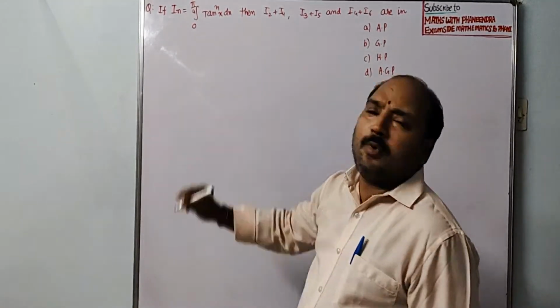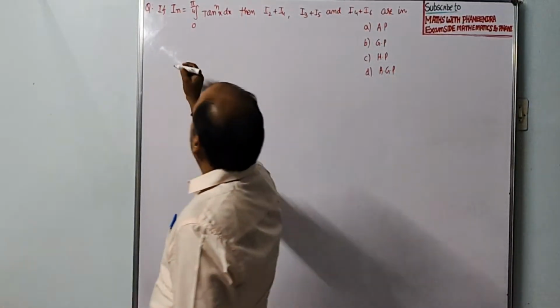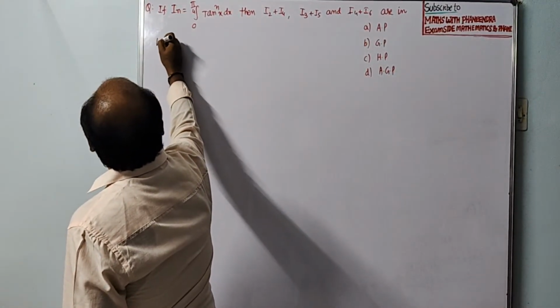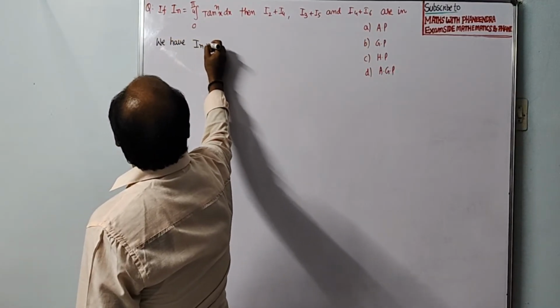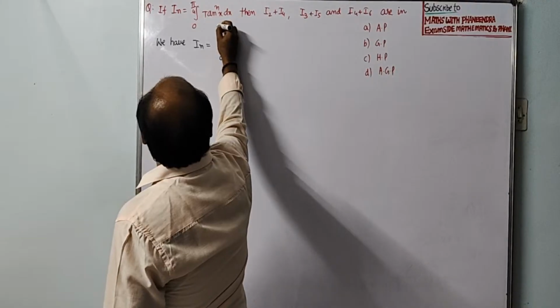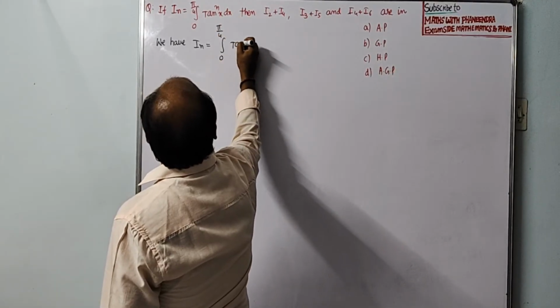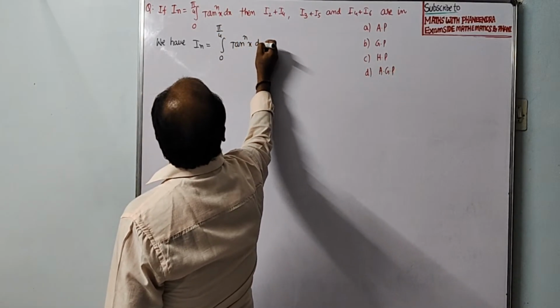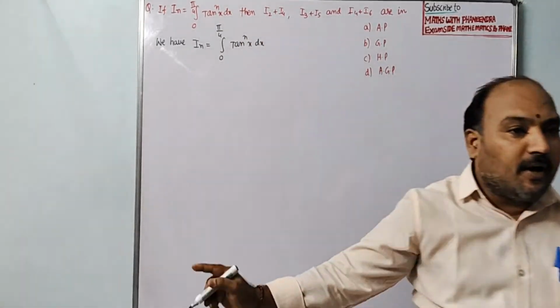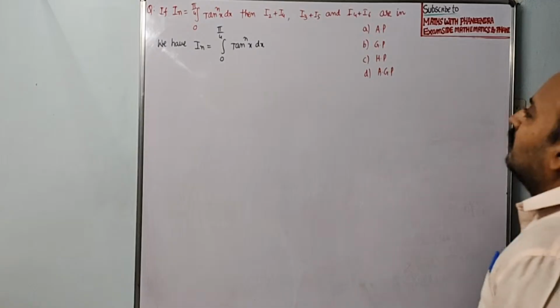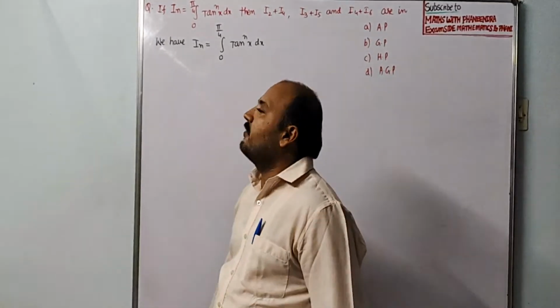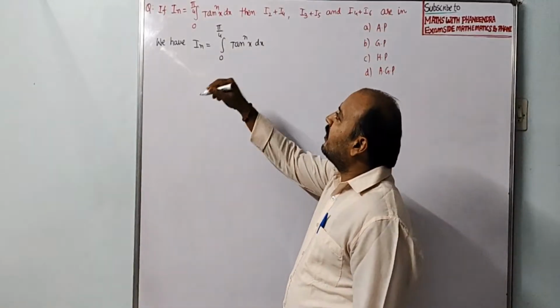So here, one important property regarding this question: we know that I_n equals the integral from 0 to pi by 4 of tan to the power n x dx.